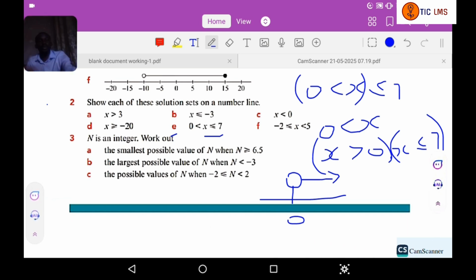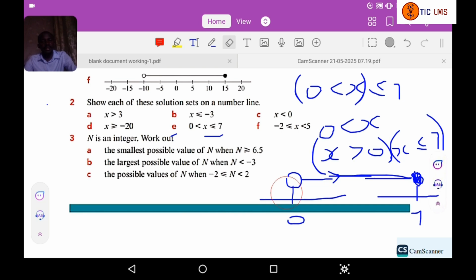Then the other one says x is less than or equal to 7, so let's say here you have a 7. We shade the circle on 7, and then we move to the left because it's less than or equal to, and then you join them. So you can see that this will still give you the correct answer.